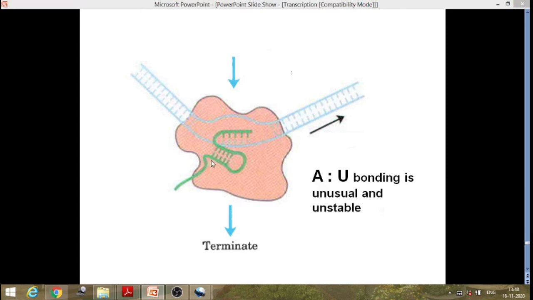So the hairpin loop structure which is formed here causes the disruption of this AU bonding, and that leads to the release of the RNA transcript from the DNA molecule and the RNA polymerase molecule also. And somehow, it is not clear, this hairpin loop structure also causes release of RNA polymerase from the DNA strand. So this was about the rho independent mechanism of termination.